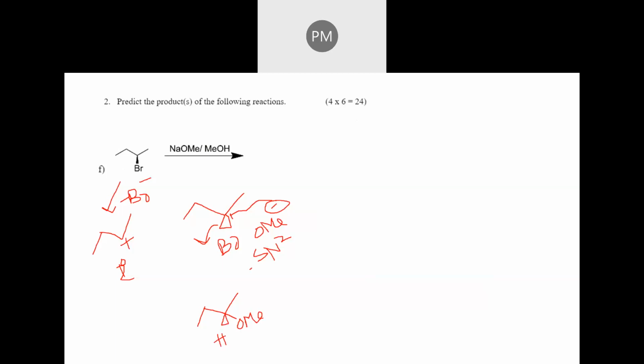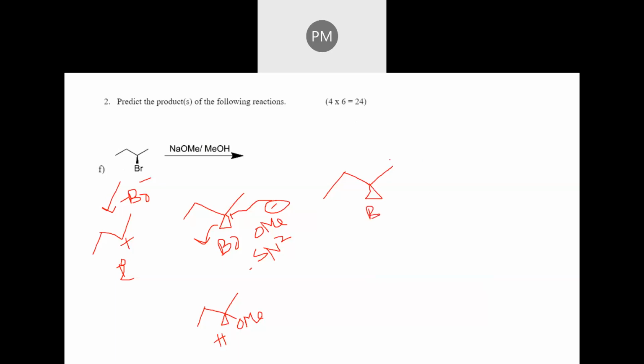Now the next one: what will be the other E2 product? For the E2 product, the liberation of hydrogen will be like this. So Br. Our hydrogen should be anti-periplanar.